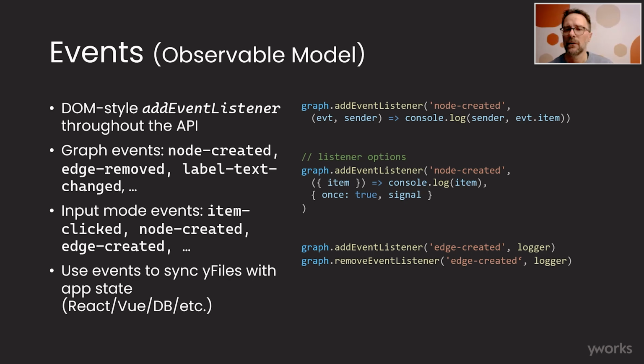You pass in the name of an event, a string constant. For example, that will be node created or edge removed, label text changed, and so on. And then the second parameter is the function that gets called when the event happens. And just like in the DOM, there's actually a third optional parameter that you can use.